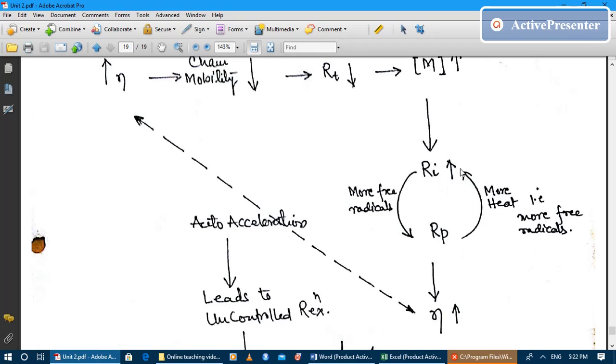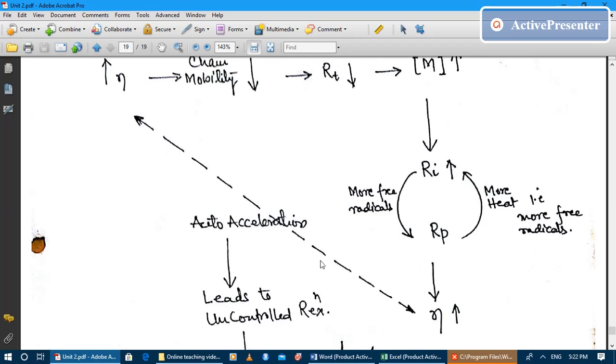So here there is a circular loop. Ri will increase Rp, and Rp will increase Ri. So a circular loop is there, and it will cause auto acceleration, and as a result the viscosity of the reacting mass will increase, and this increase in viscosity again will take this loop.